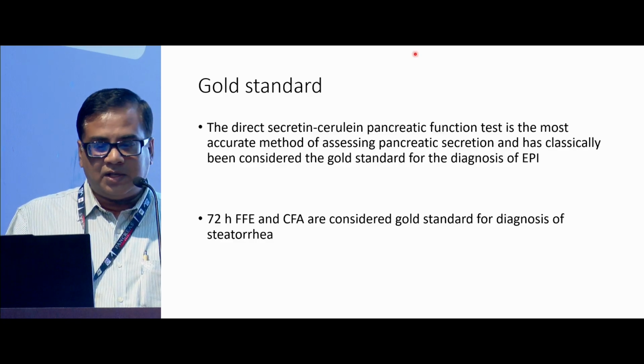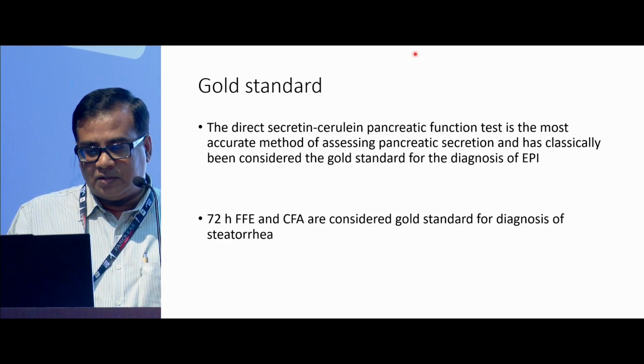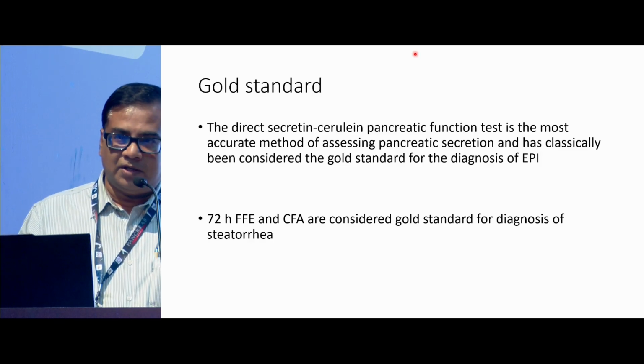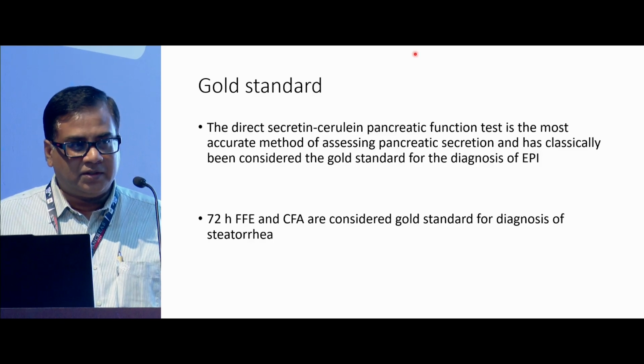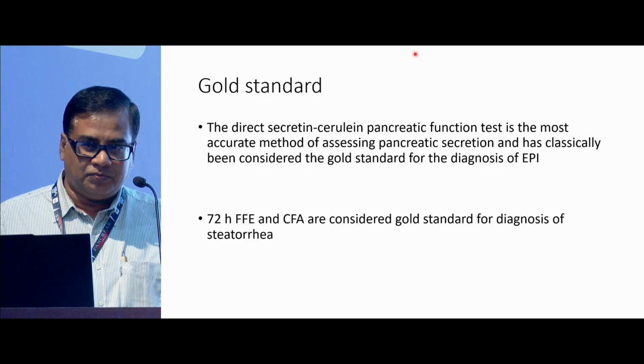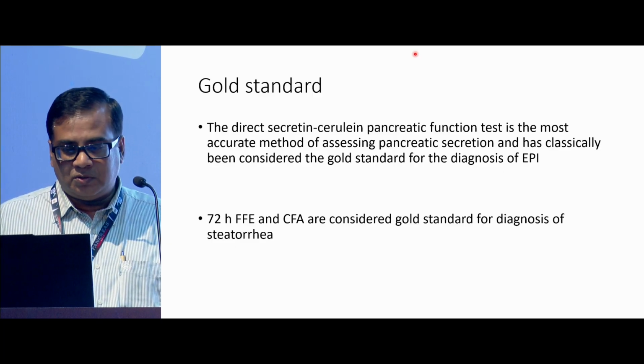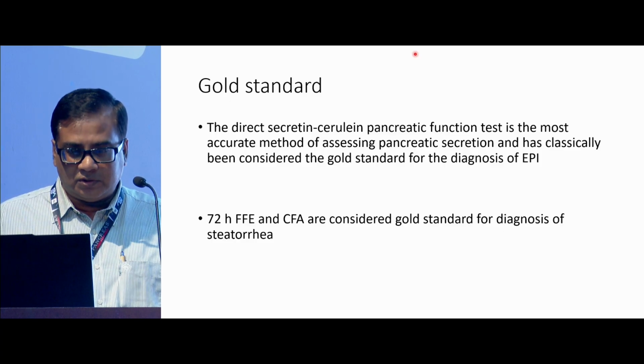As we know, the gold standard is the direct secretin pancreatic function test. Most of the tertiary centers with a research focus would be using this test. Some of the centers prefer the cholecystokinin test, and some would use the combination also.